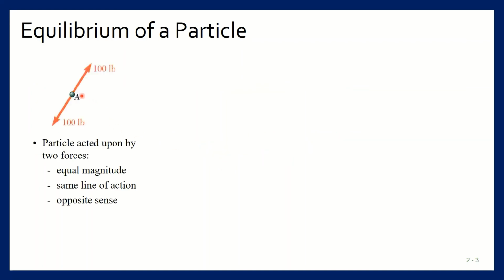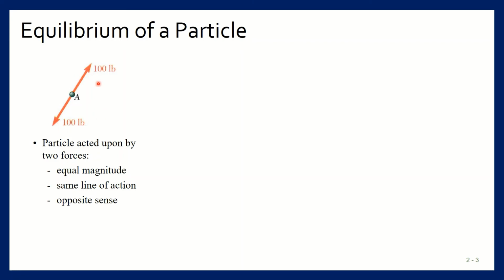So suppose this is the particle and two forces are applied on this particle. One force is of 100 pound in this direction, while another force is having the same magnitude, that is 100 pound, but it is in the opposite direction.